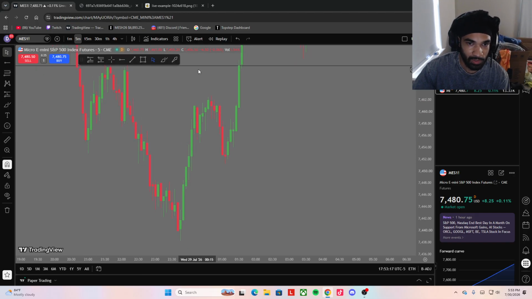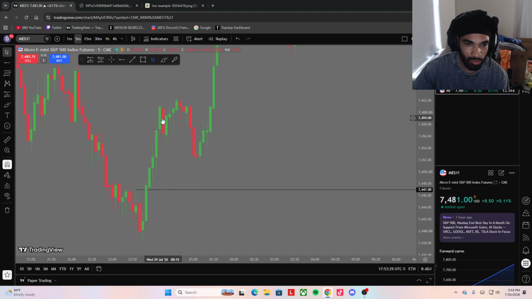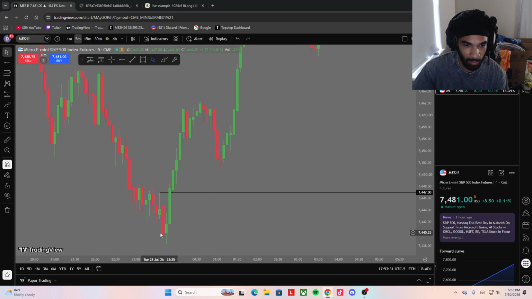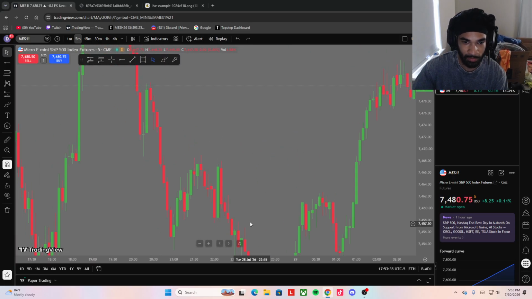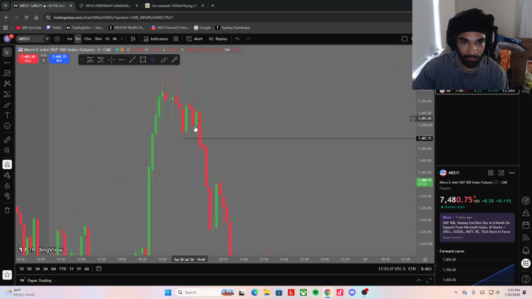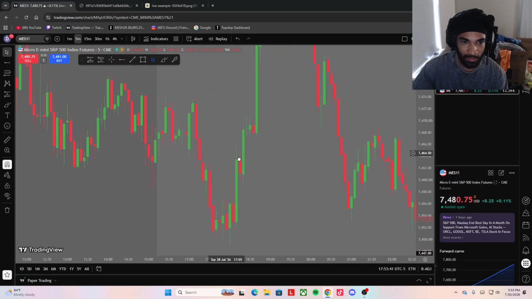Now, let's mark these other ones here. Now we have this green right here, boom. Green, then we have red, we keep pushing it down, boom, we broke structure here. So all these are breaking structures, right? Where you see this V-shaped pattern. All right, I want you to notice all these, look, V-shaped pattern, V-shaped pattern, broke structure, V-shaped pattern.